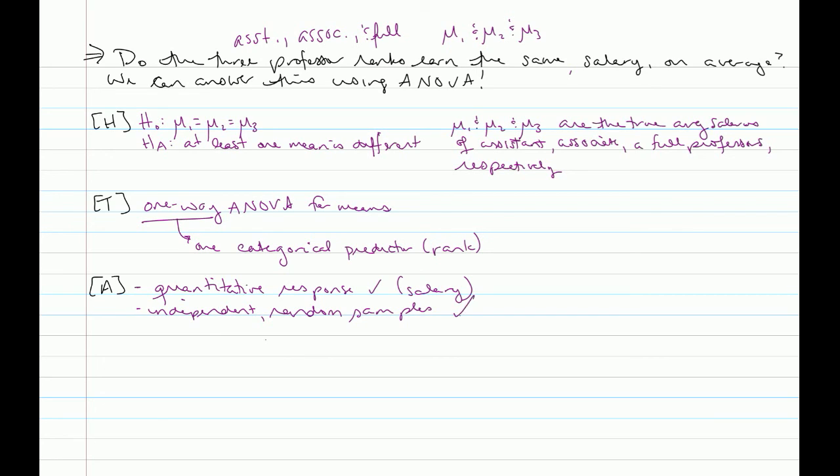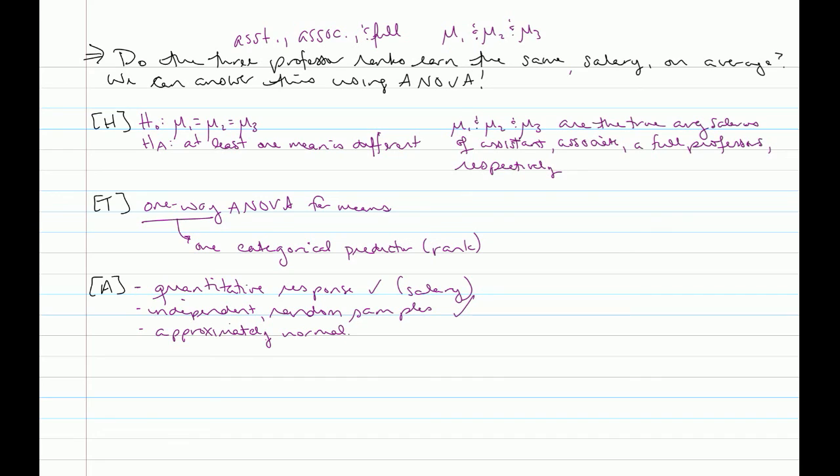And we weren't told explicitly that these were random samples. I'm telling you this is a random sample, and we do have that independence of those three groups, so we've satisfied this assumption.